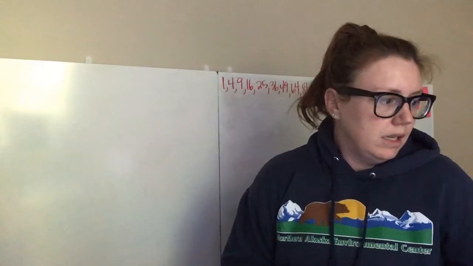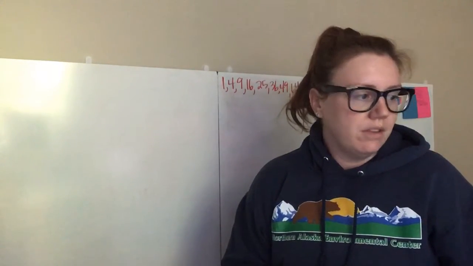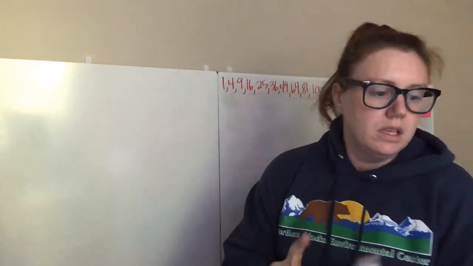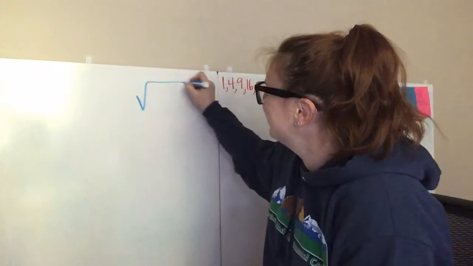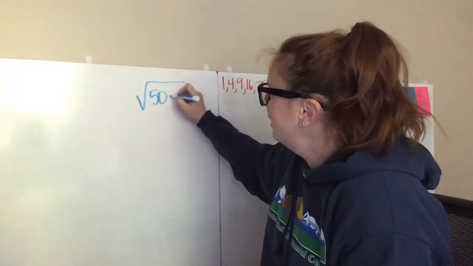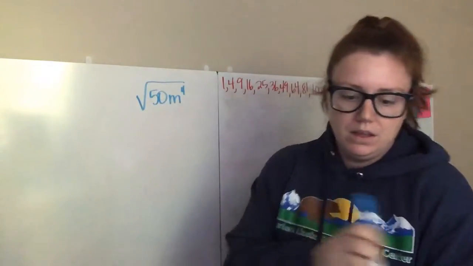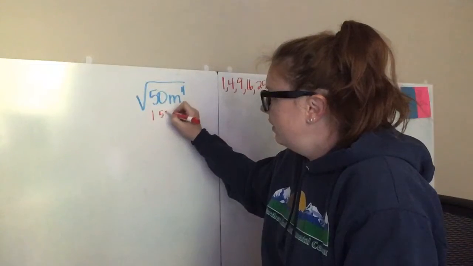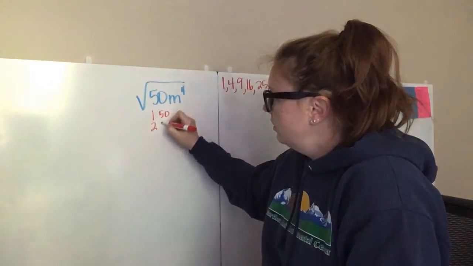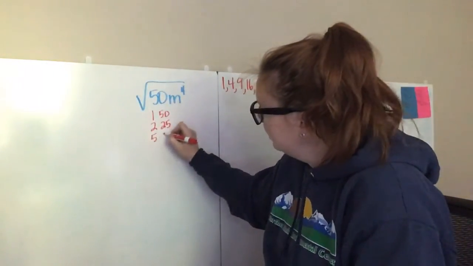All right, another one. I want to find one that doesn't have 16, as it's perfect. Let's do 50 m to the 4th. So 50 is 1 and 50, 2 and 25, and 5 and 10.